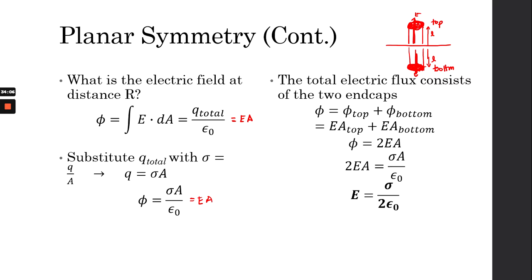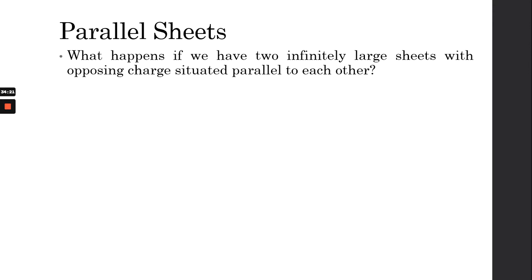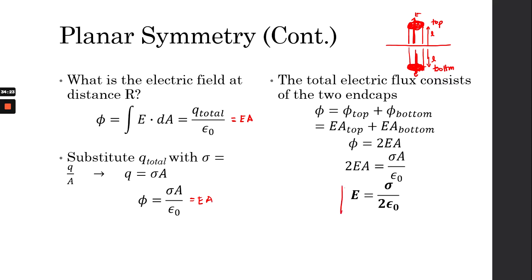The electric field at a certain distance is basically equal to the surface charge density divided by 2 times the permittivity of free space. So this is the equation that you have to use to find the electric field at a certain distance r. Okay, I hope you guys are clear.